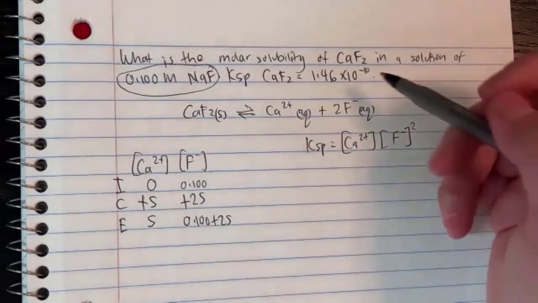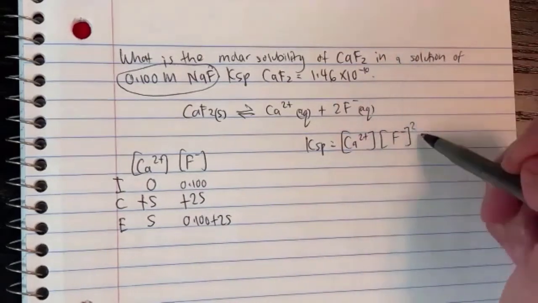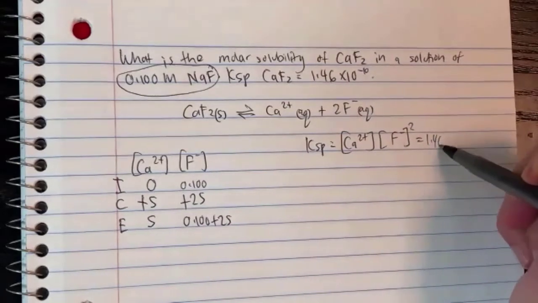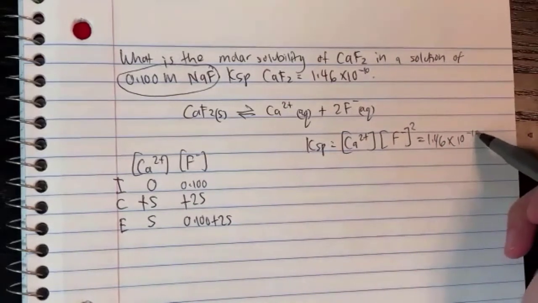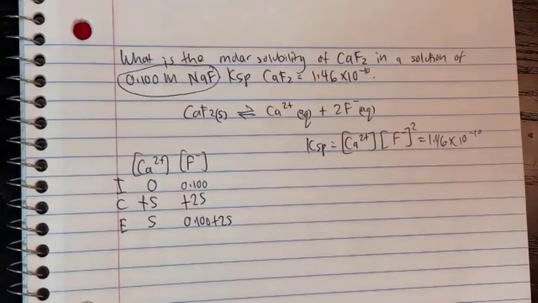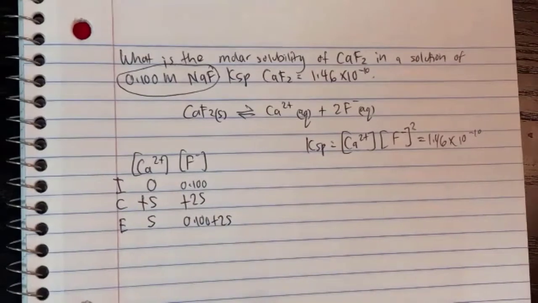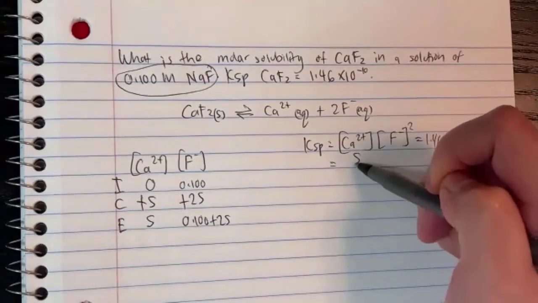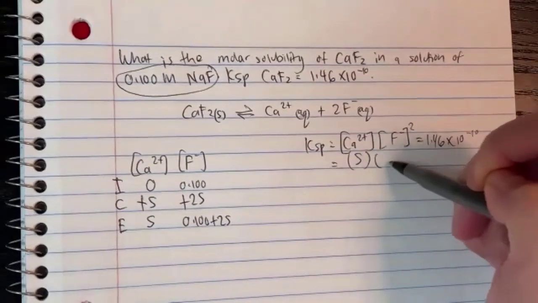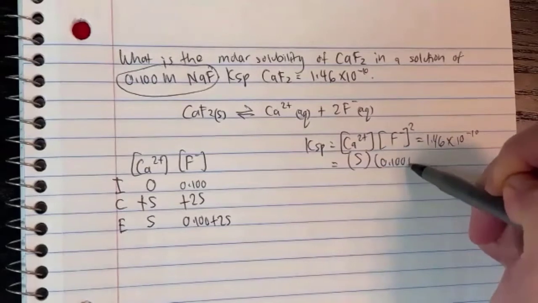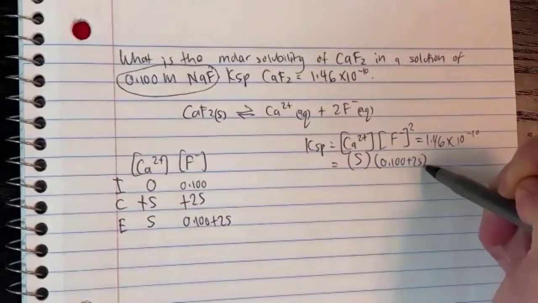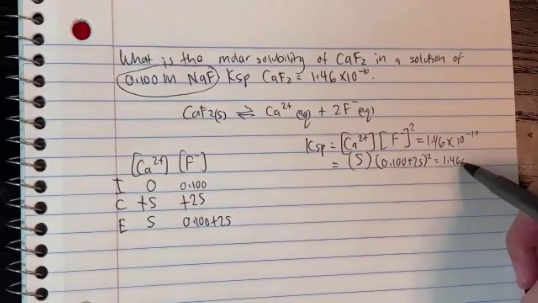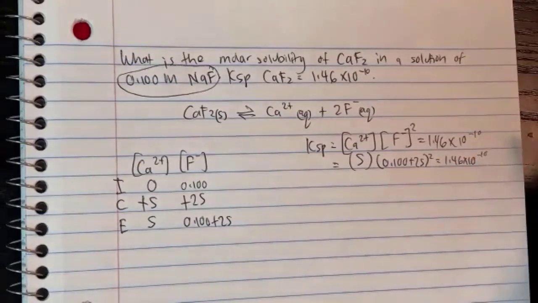So let's set it up. The Ksp is given. This one is 1.46 times 10 to the minus 10. That equals S times 0.1 plus 2S, squared. Now, your K is really, really small, right?